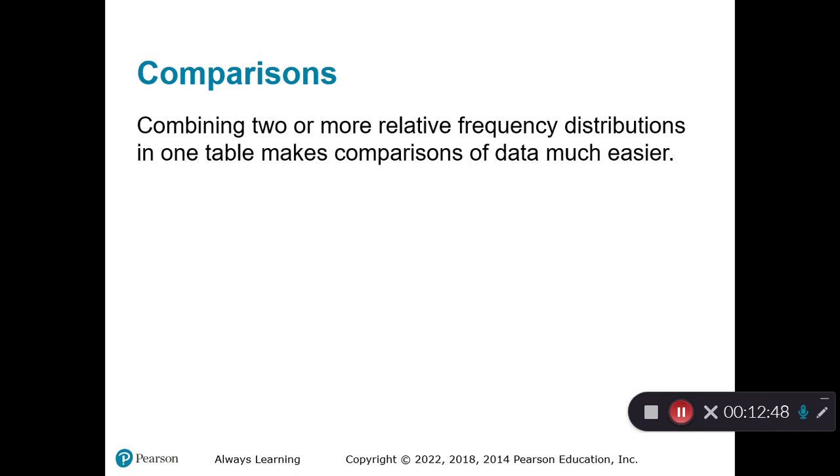When we're able to build a frequency distribution with multiple columns coming from different data sets, we're able to more easily make comparisons. We'll look at an example in the next slide.